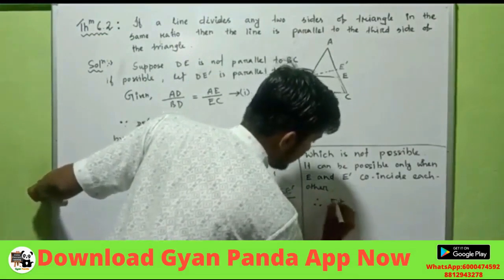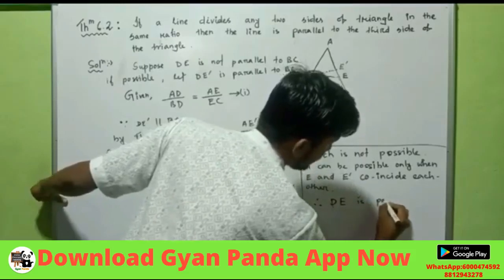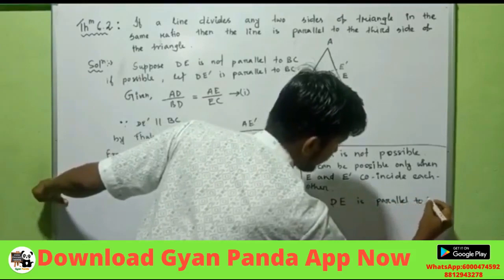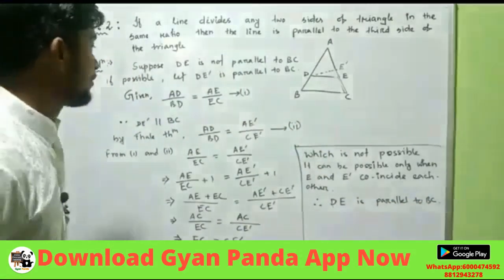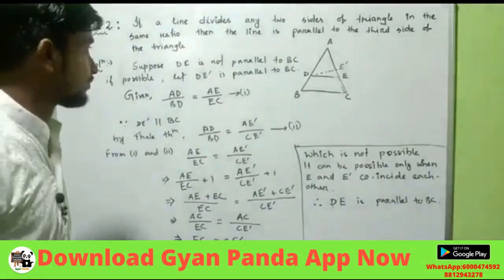DE is parallel to BC. DE is parallel to BC. Alright? So this is the proof.